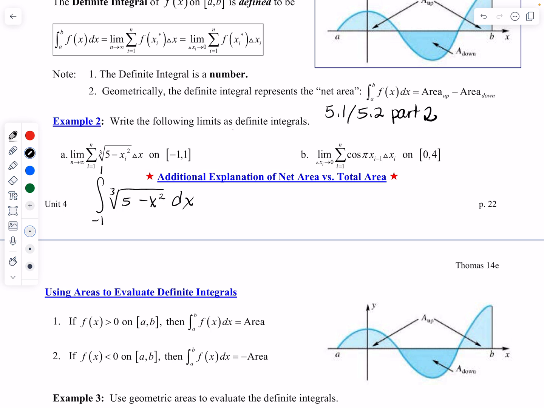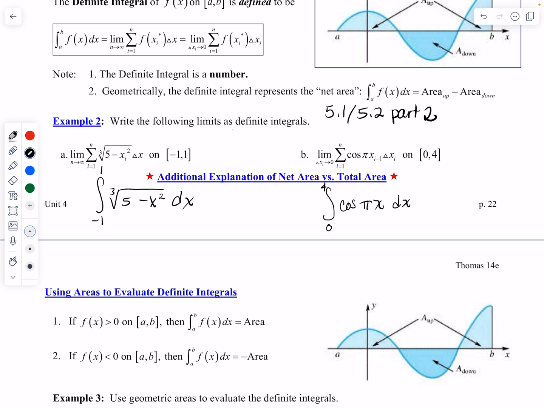Okay, so for part B, we have the limit as delta x sub i approaches 0, and we're creating the sum from i = 1 to n of cosine of pi x sub i minus 1 delta x on the interval from 0 to 4. So again, we're going to integrate from 0 to 4 of the function, which is cosine pi x dx. Okay, so again, we're just rewriting these.